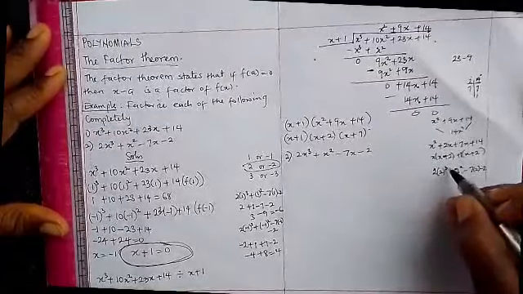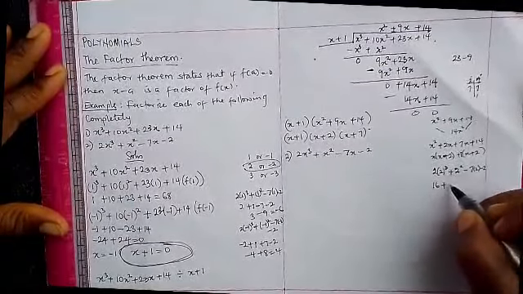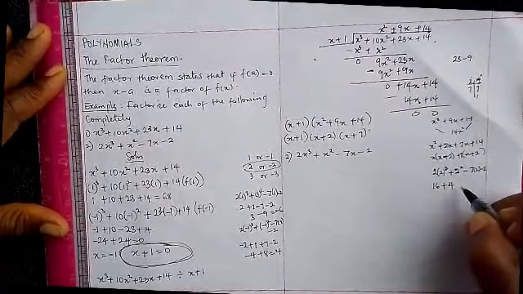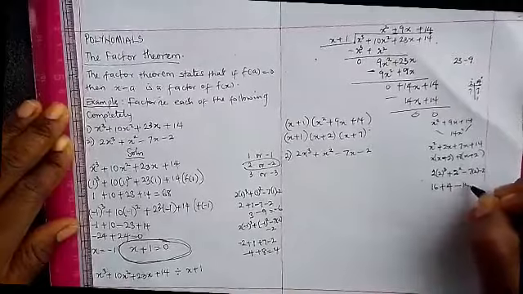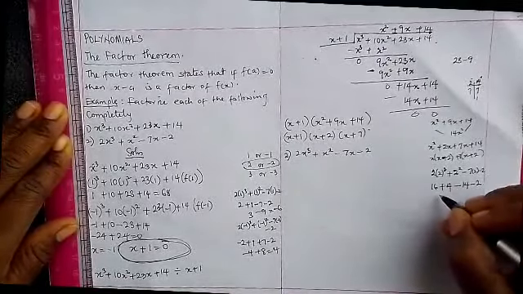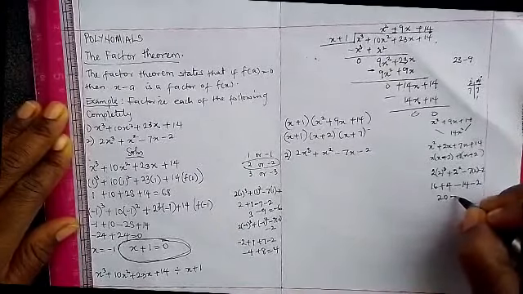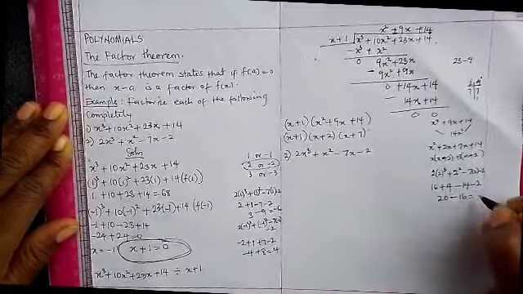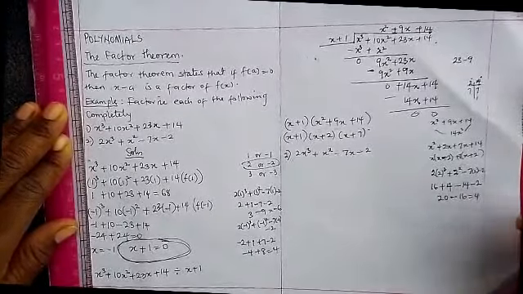So 2 raised to the power of 3 is 8, 8 times 2 is 16, plus 4, 16 plus 4 minus 14 minus 2. So this is 20 minus 16, which gives us 4. So we've still not gotten it.